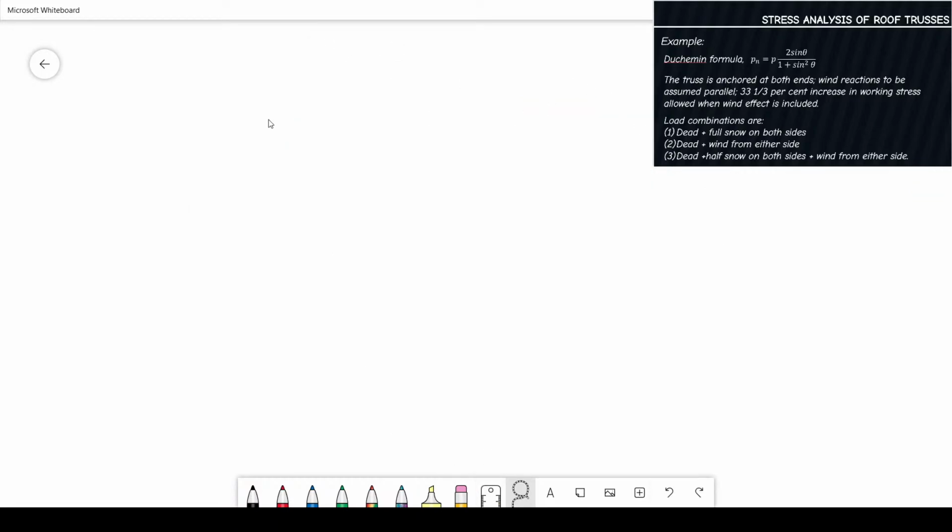This is the form: the members and their stresses. Specify negative for compression and positive for tension. That is our signing: negative is compression.